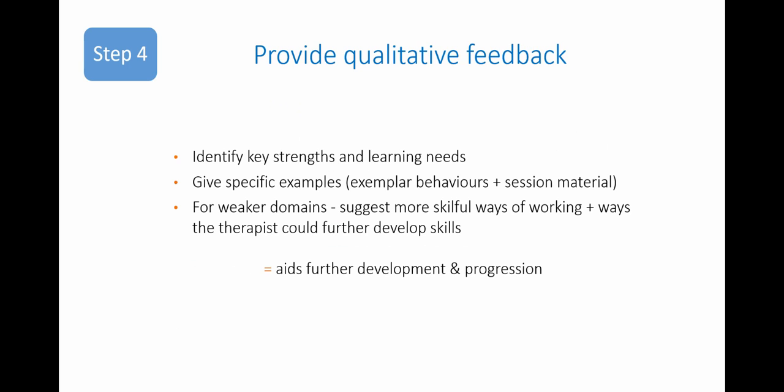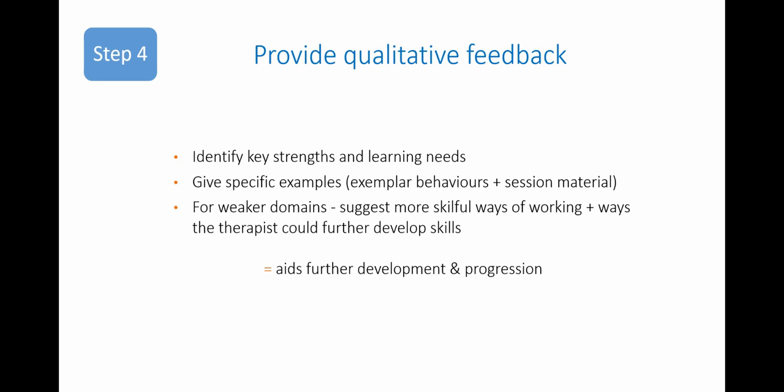So what we'll be looking for in this qualitative feedback is really identifying those most important strengths and learning needs, giving really specific examples to explain where those strengths and learning needs fell. So what assessors have often done when using the ACCS scale is to use some of those exemplar therapist behaviours that are provided in the behavioural anchors for each item when they're explaining what the strengths and learning needs are, and also then obviously drawing on the session material that was viewed.